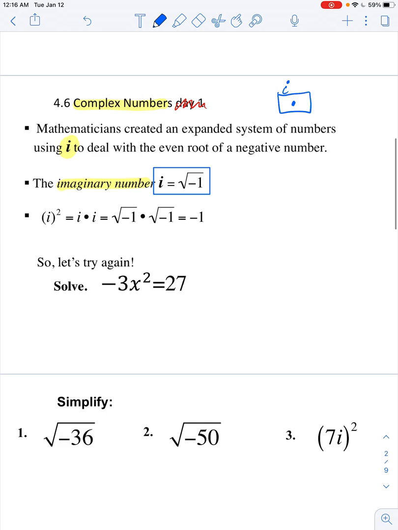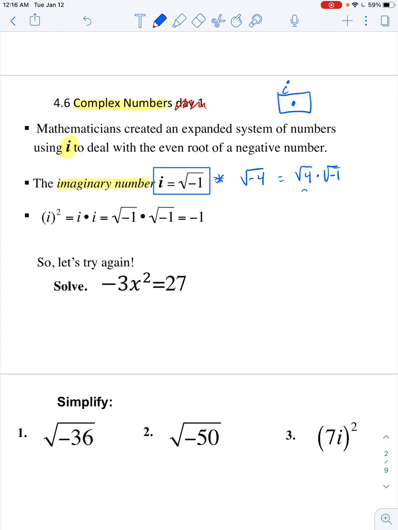So anytime you have the square root of a negative, you can now take that out as an i. So when I used to say, okay, the square root of -4, I would say, oh, that doesn't have a solution because I can't take the square root of a negative. Well, now you're thinking of that as the square root of 4 times the square root of -1, which is defined by our mathematician friends as i.